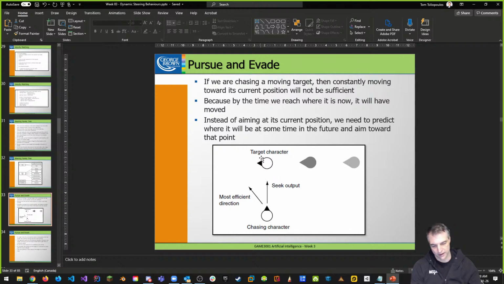So I want to calculate where they're going to be from where I am. And so instead of going straight to chase the character, I'm going to cut them off at the pass, so to speak, by calculating where they're going to be. That's what pursue is. And the opposite of that is evade. They're chasing me. Where do I need to be so that they can't reach me, as opposed to just fleeing?